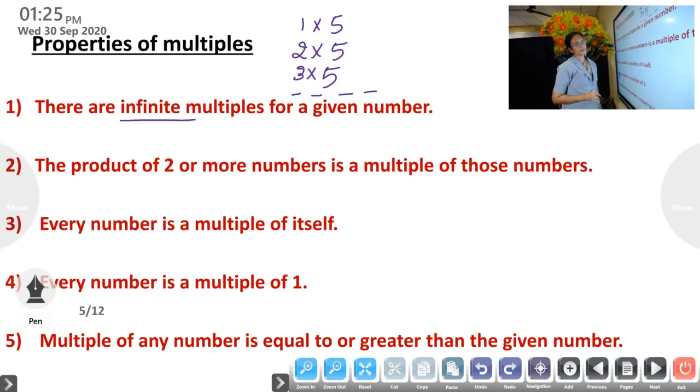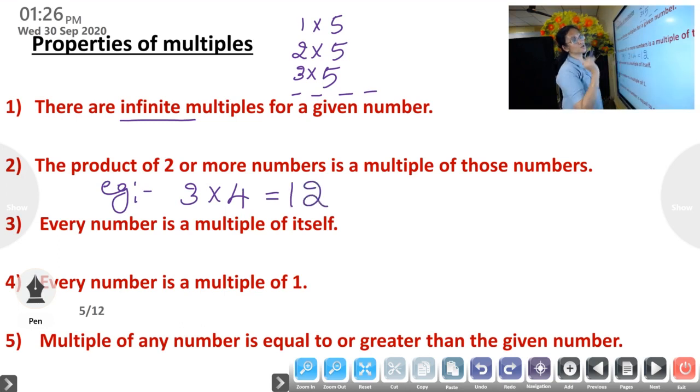Second one, the product of two or more numbers is a multiple of those numbers. Look at this example. 3 into 4. And what is the answer? 3 into 4 is 12. So you can say that this product 12 is a multiple of 3, and also we can say that 12 is a multiple of 4.